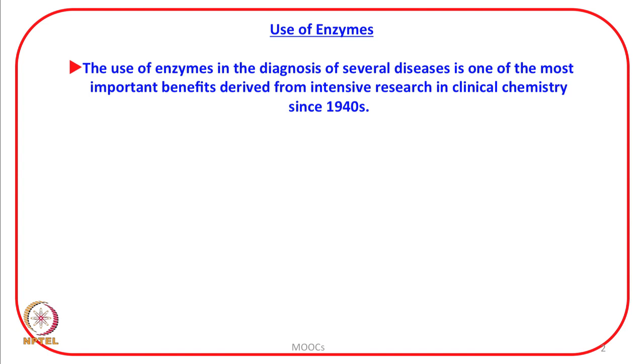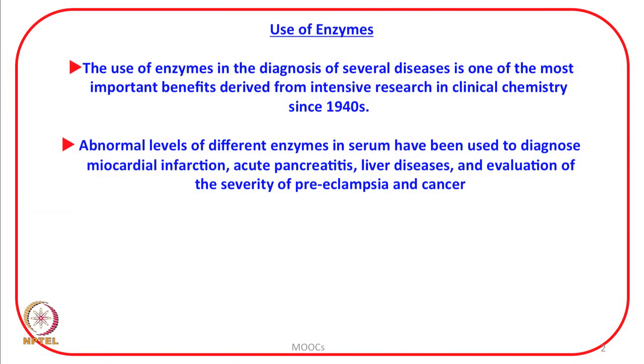The use of enzymes in the diagnosis of several diseases is one of the most important benefits derived from intensive research in clinical chemistry since the 1940s. Abnormal levels of different enzymes in serum have been used to diagnose myocardial infarction, acute pancreatitis, liver diseases, and several other processes including cancer.